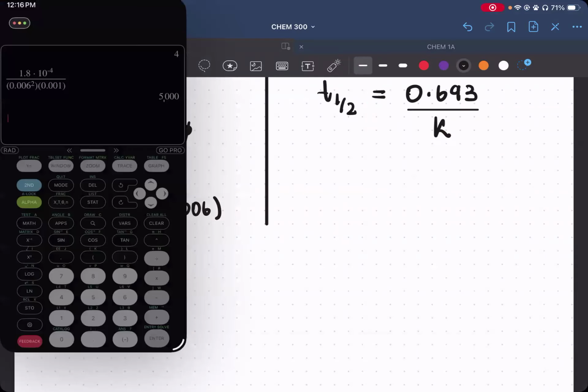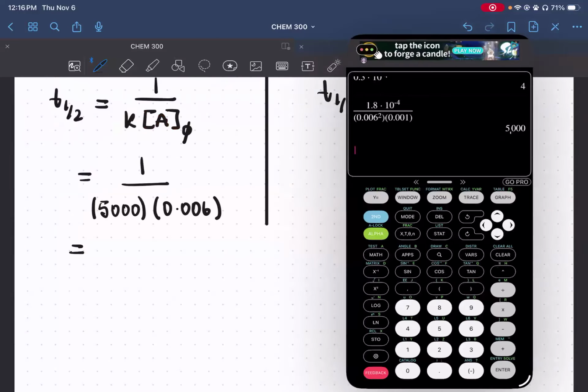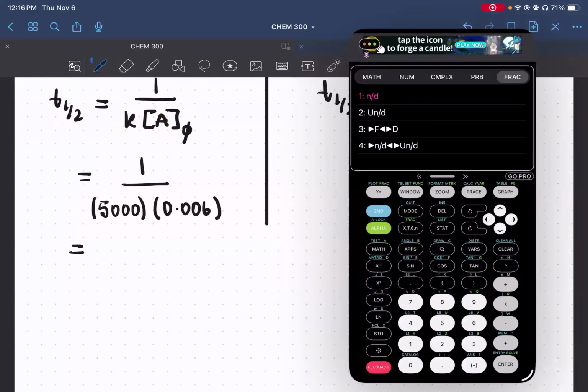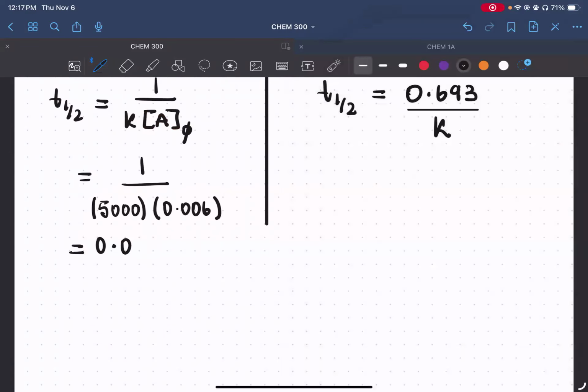Put this into our calculator. One divided by 5,000 times 0.006. Pretty small looking number. That's all right. That looks like 0.033, and the threes keep repeating, so we'll just write the first two. Of course, the units.